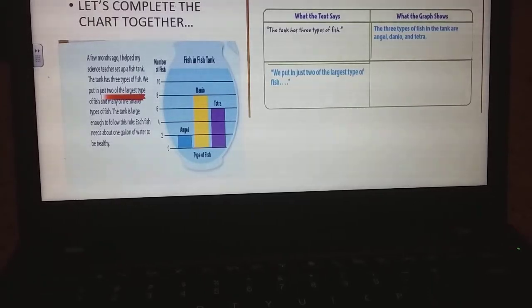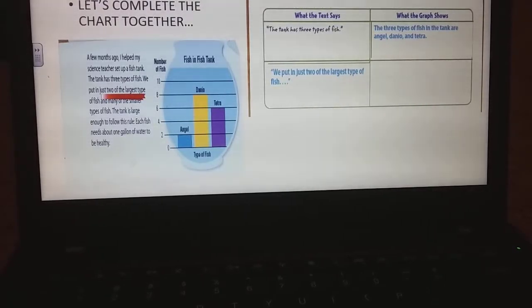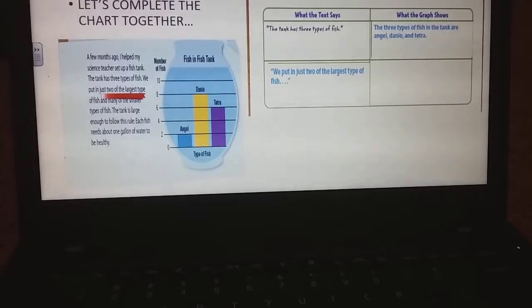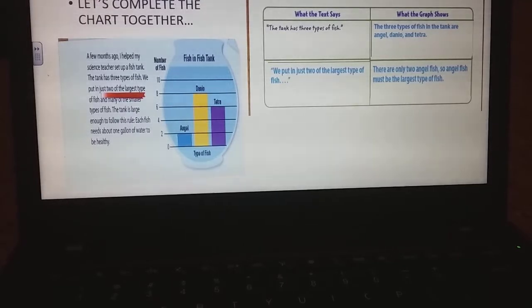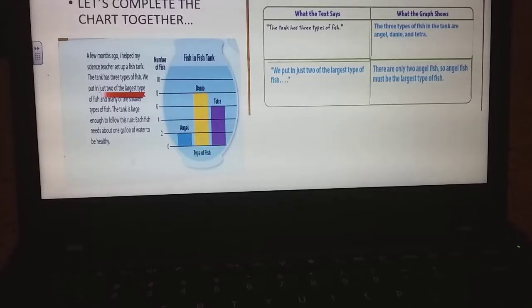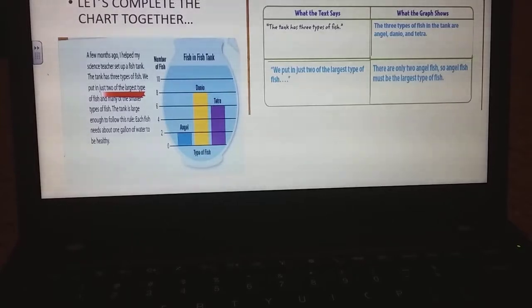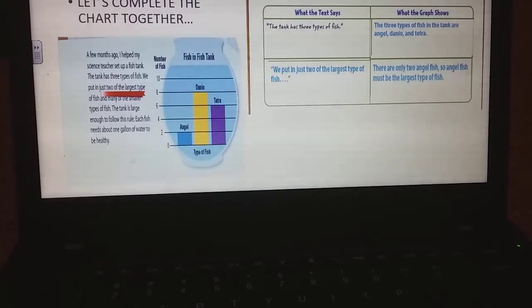Now, when we're thinking about what this says, the visual or the bar graph shows us that there are only 2 angelfish. So logically, if the text says we put in just 2 of the largest type of fish, and you look on the graph, the only fish that has 2 as a quantity are the angelfish.